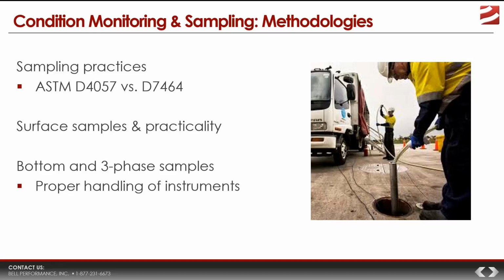And good sampling is absolutely critical to getting as accurate a picture of the realities of what's going on in the storage tank as possible. We said at the beginning, we have a psychological tendency to believe that what we see is the way reality is.